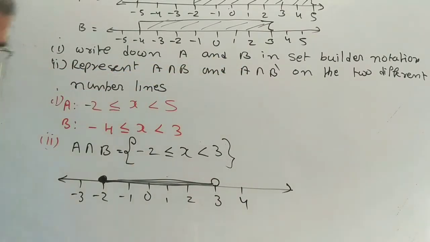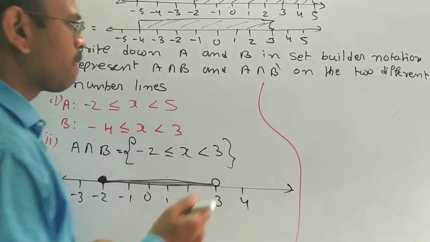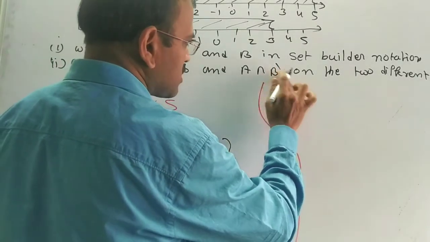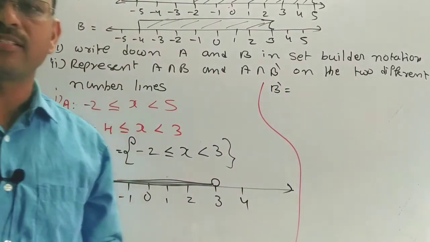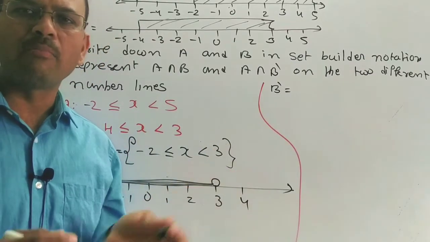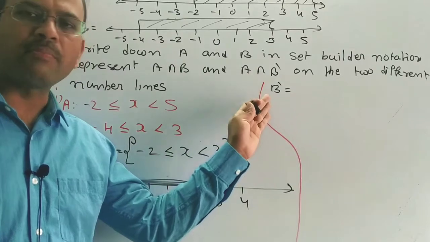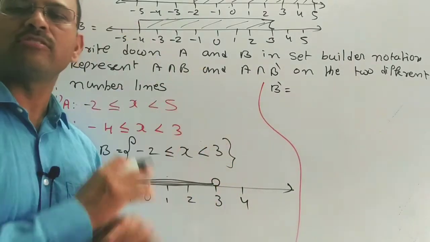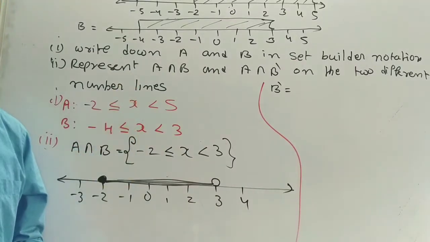So second question, what are you going to write here? First I will find B dash. What do you mean by B dash? B dash means complement of B. When it comes to sets, except B values, the remaining values you take from the universal set. But here there is no universal set.